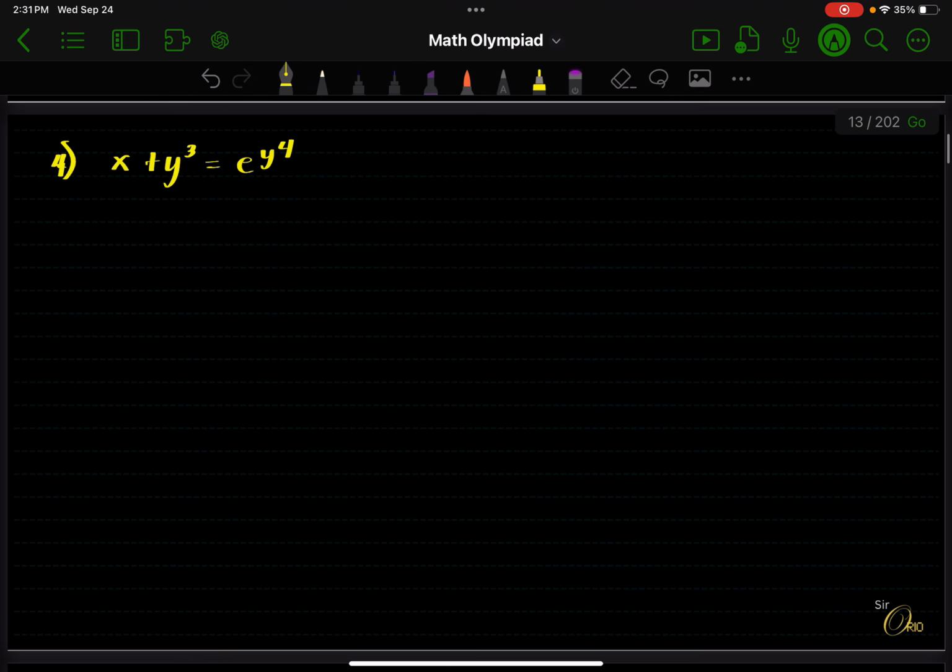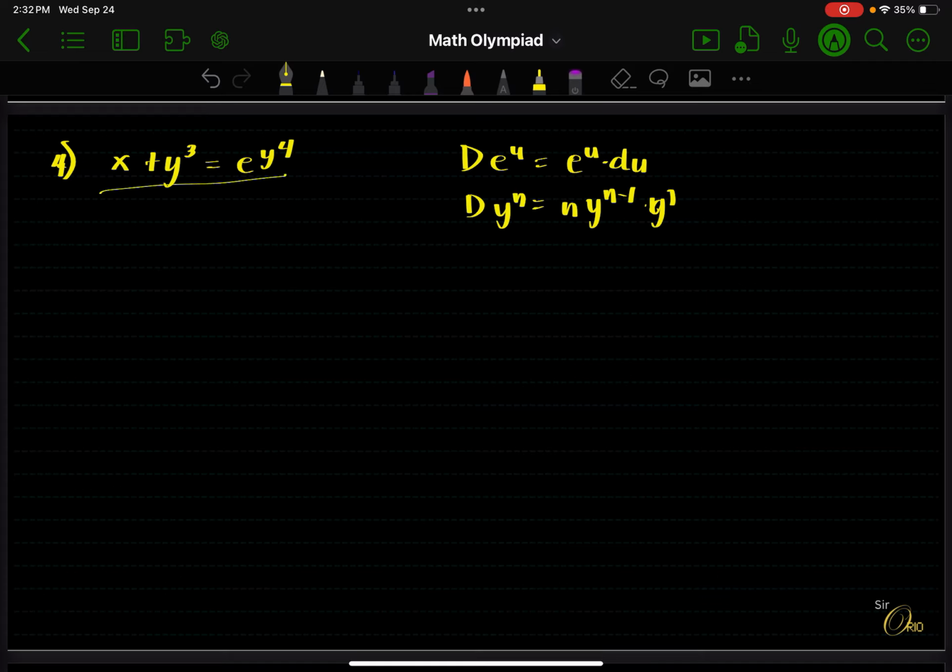For example, number 4, x plus y cubed is equal to e raised to y raised to 4. Always remember that the derivative of e raised to u is e raised to u times du. Okay, so the derivative of y raised to n is n y raised to n minus 1 times y prime. So what's the derivative of this equation?